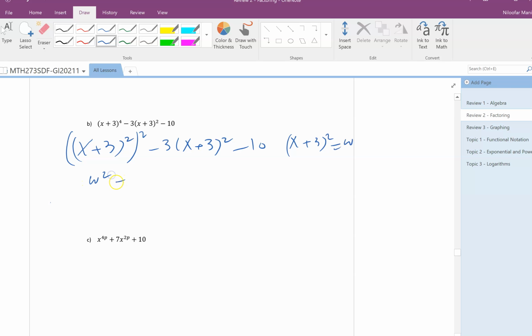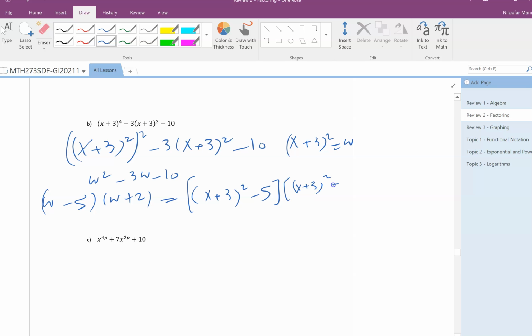Okay, w squared minus 3w minus 10. So it is w minus 5 multiplied by w plus 2, and w is x plus 3 squared, so x plus 3 squared minus 5 and x plus 3 squared plus 2.